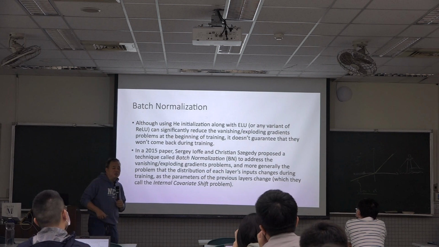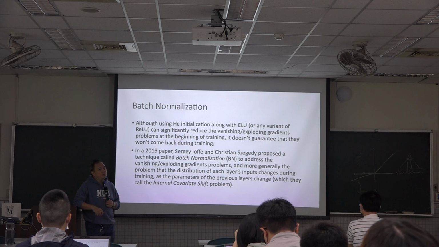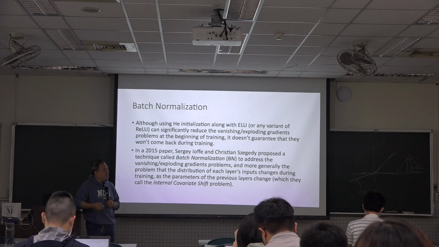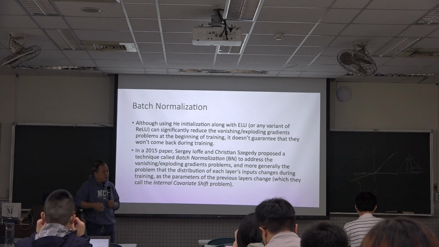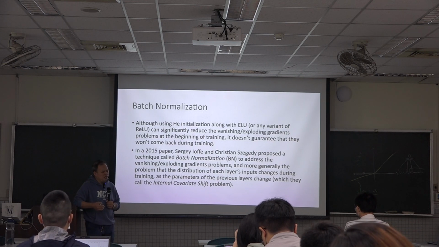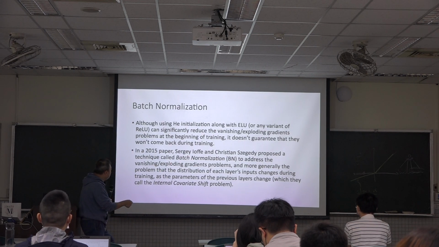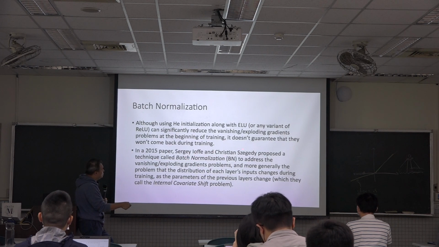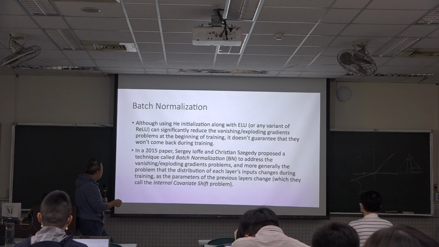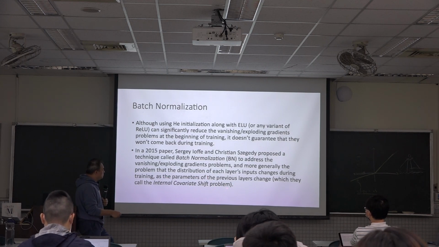For example, in Xavier Glorot and Yoshua Bengio's paper, they didn't give a particular name for this problem, but in the Ioffe and Szegedy paper, they gave it the name internal covariate shift problem.